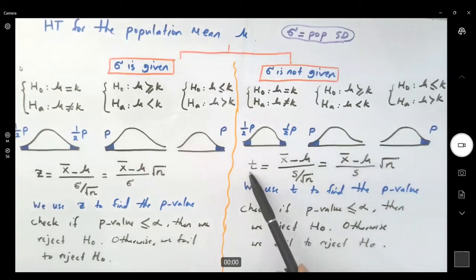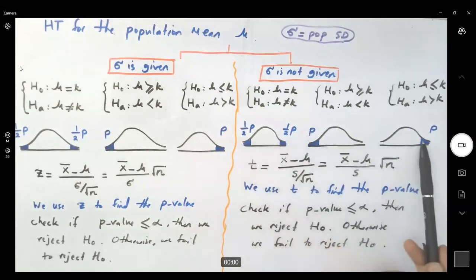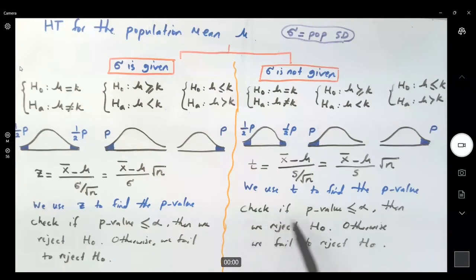We calculate that because it helps us find the p-value, these little areas. After finding the p-value, if it is less than or equal to alpha, we reject the null hypothesis, the same as before. If not, we fail to reject the null hypothesis.